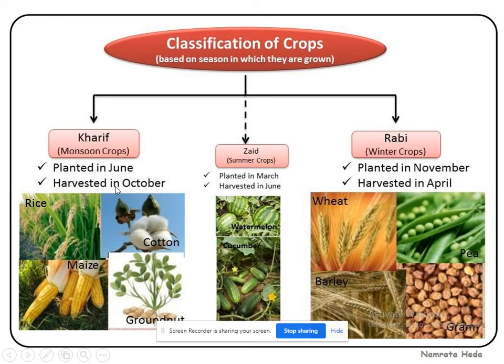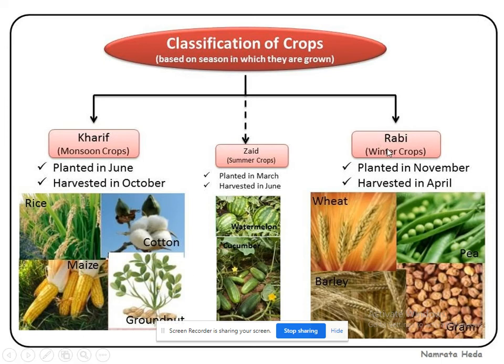Taking out from the soil, that we are going to do in the month of October. So Kharif crops or the monsoon crops we cultivate or sow in the month of June and harvest in the month of October. Here I have shown some examples: rice, cotton, maize, groundnut. So remember the Kharif crops are grown in the monsoon season.